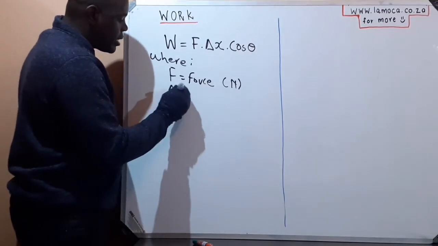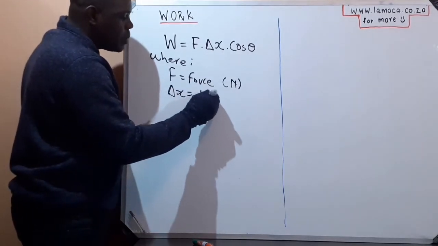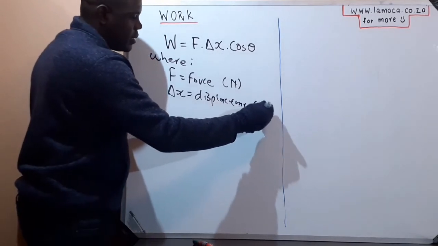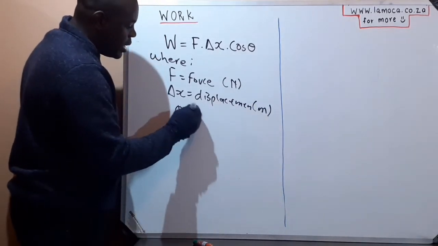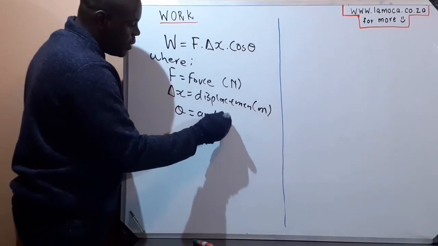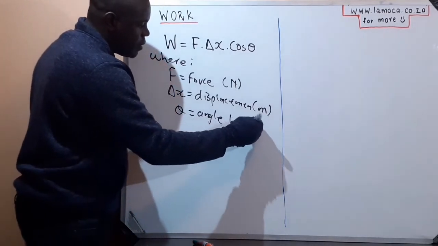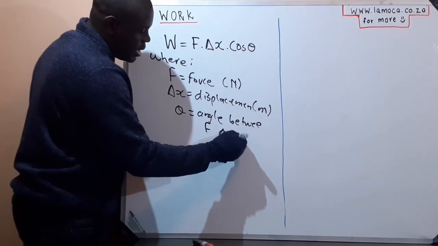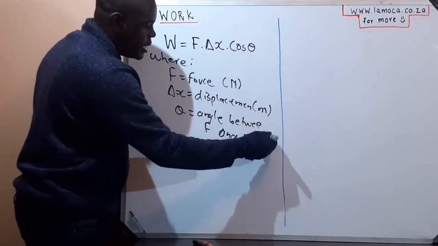Our delta X is the object's displacement, which is measured in meters. Theta is the angle between F, which is the force of interest, and the displacement, obviously in degrees.